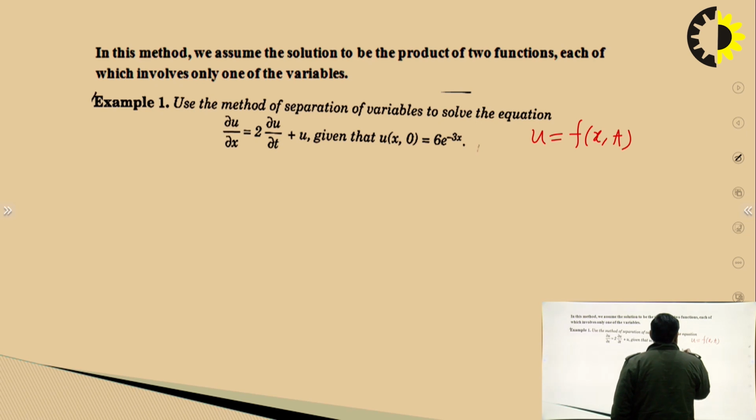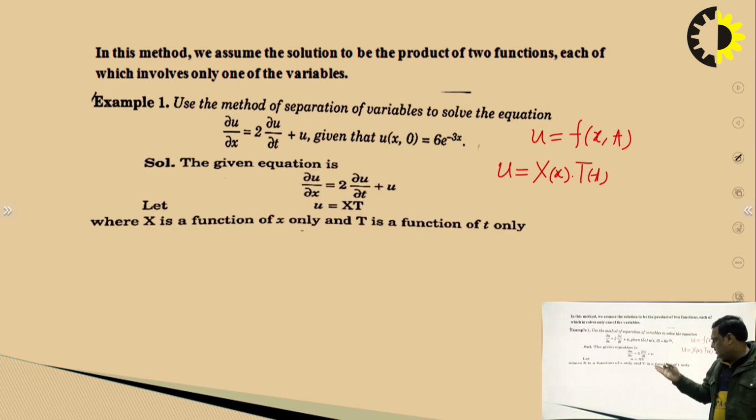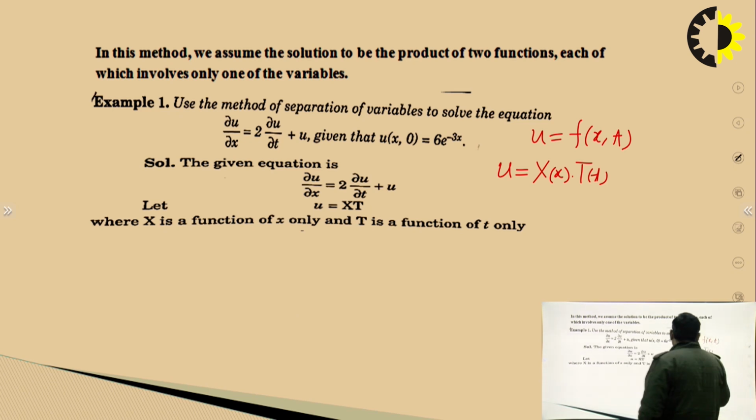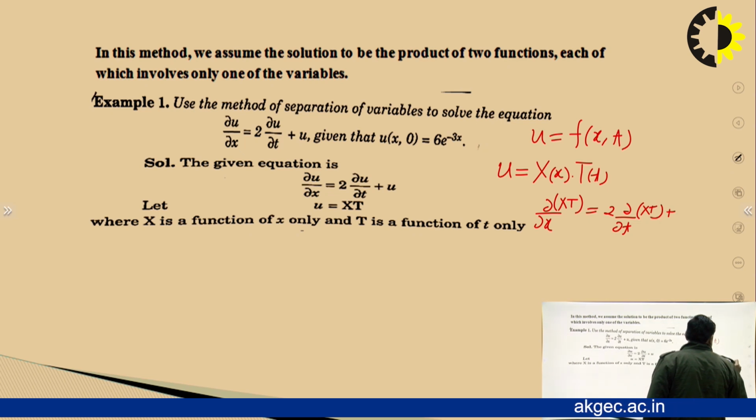So we assume the solution u equals X(x) into T(t), where small x corresponds to capital X and small t corresponds to capital T. We assume the solution, then put it in the given equation: del upon del x of XT equals 2 del upon del t of XT plus XT.